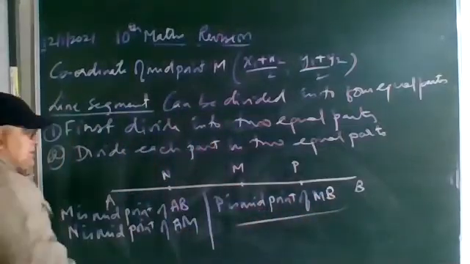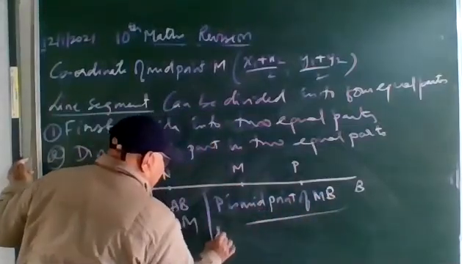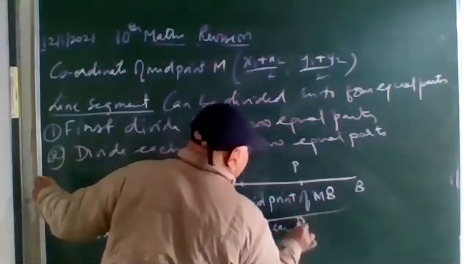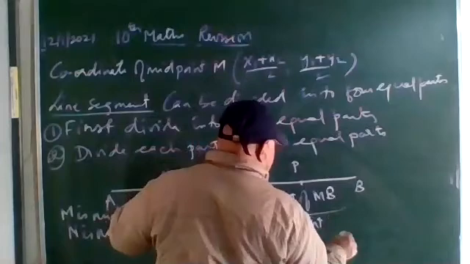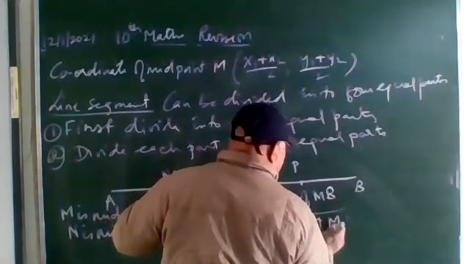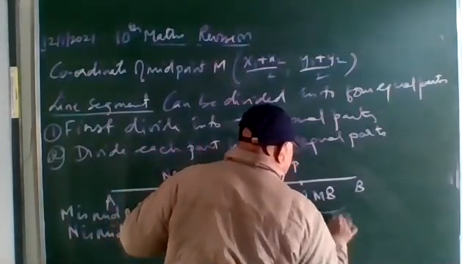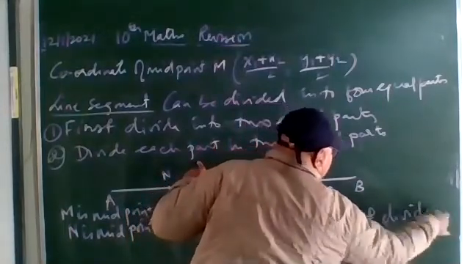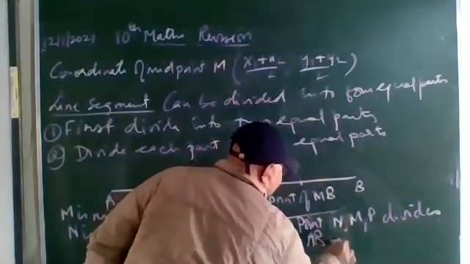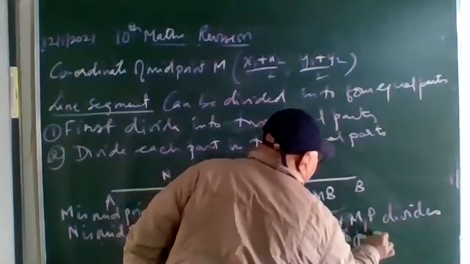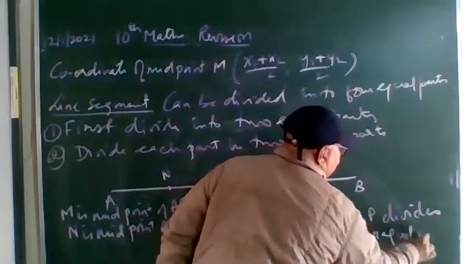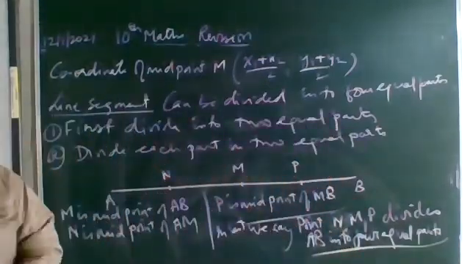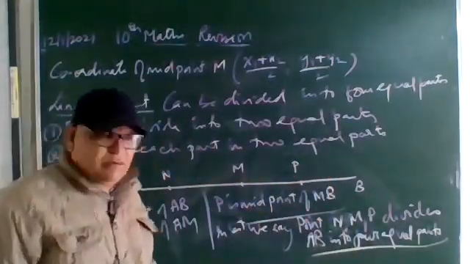So in the end we say points N, M and P divide AB into 4 equal parts. This is the way you have to do the question.